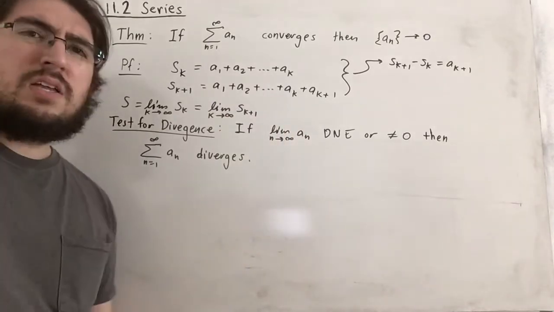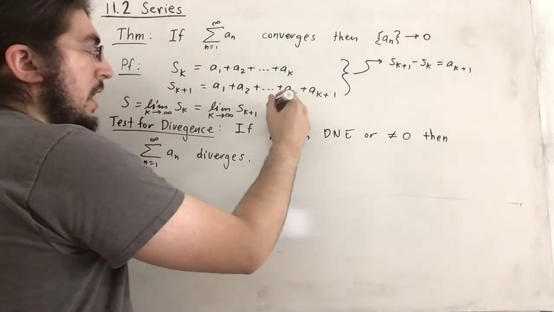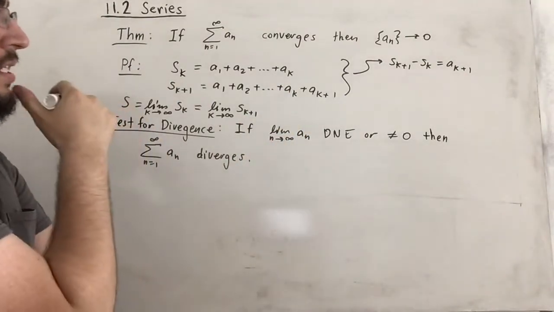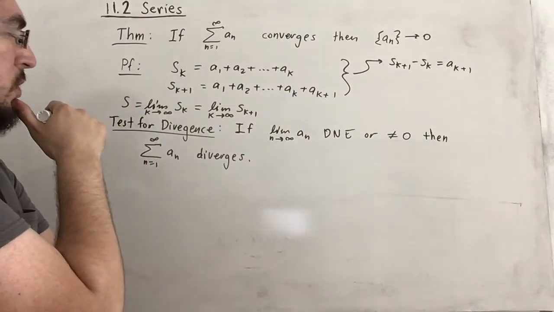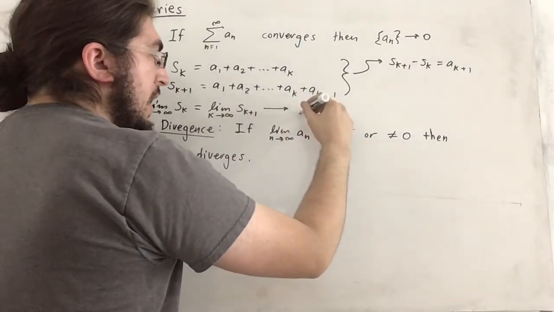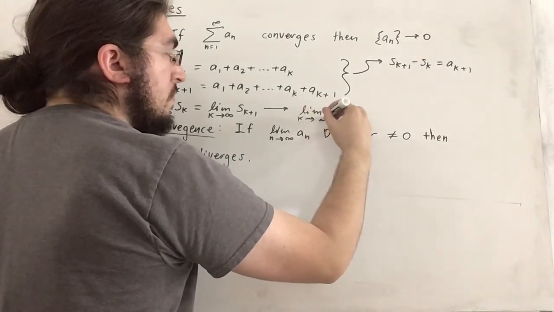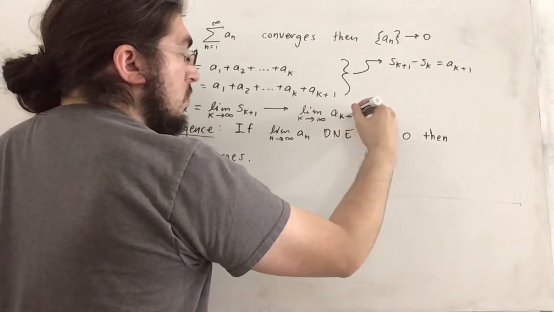I believe we actually saw this argument in 11.1, but this is certainly true. And in fact, if we were to subtract these, they're both equal to S. So in fact, we can say the limit as k goes to infinity of a sub k plus 1.